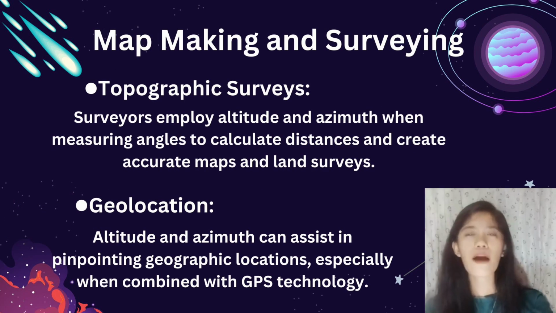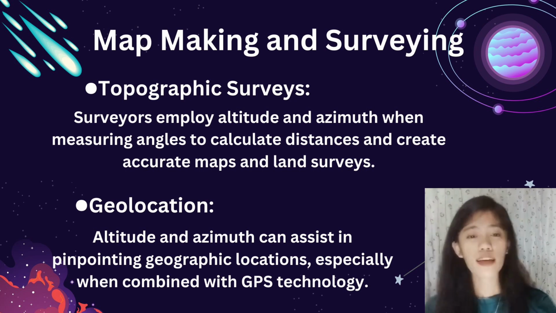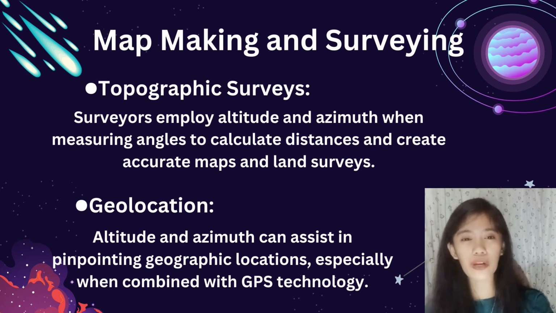Alright, we have mapping and cartography. So, Geographic Information System or GIS integrates altitude and azimuth data to create detailed maps. This technology allows users to visualize terrain, plan construction projects, and analyze geographic patterns.